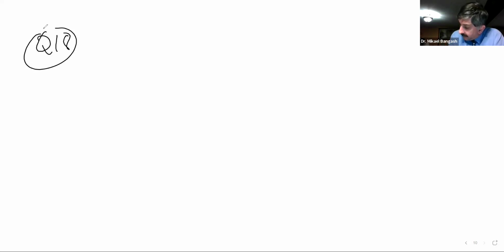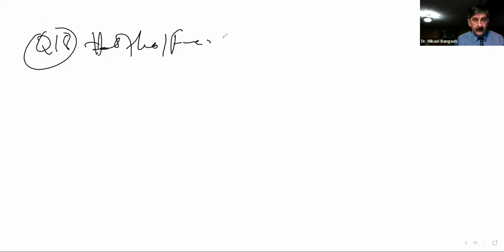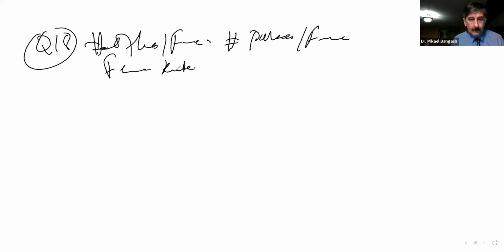The number of lines per frame, as we just said, was actually the same as the number of pulses per frame. Clear? And the frame rate, does that determine the pulse repetition frequency?